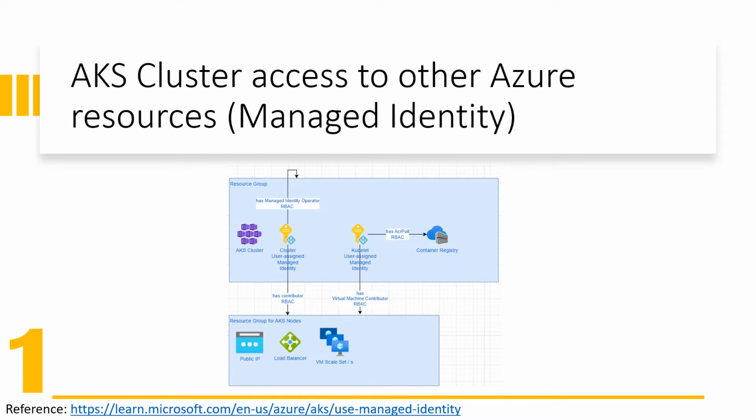Because I want to use a user assigned identity for my managed identity for my kubelet, the cluster user assigned identity must have managed identity operator RBAC on the resource group where the kubelet user assigned identity has been created or provisioned. Therefore, I gave the managed identity for my cluster this RBAC, and you will see the same Terraform implementation as this diagram in the demo.